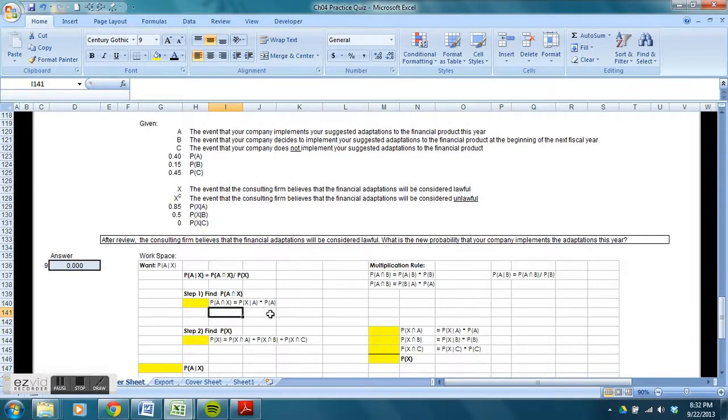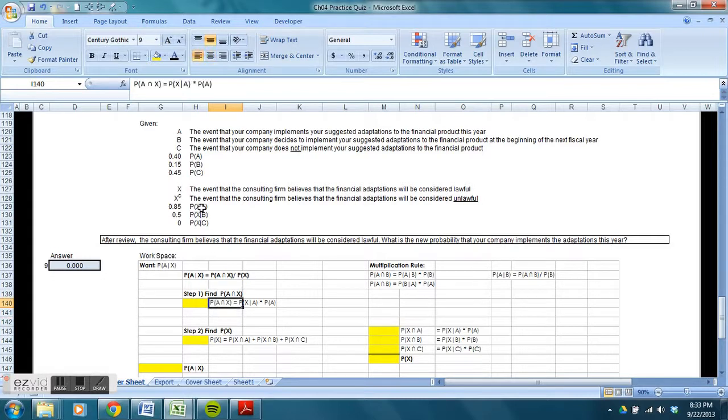When I started out, I knew that I wanted this component and needed to find it. The way I was going to do that is to have one conditional probability and multiply it by the probability of whatever is given. So I asked myself, I want the probability of A and X, so I need a conditional probability using X and A, and then I look at what I know.